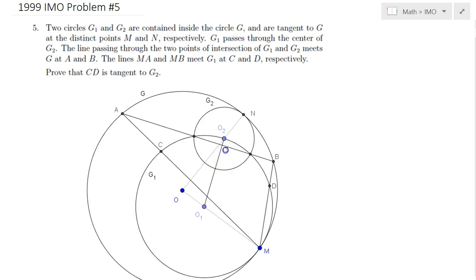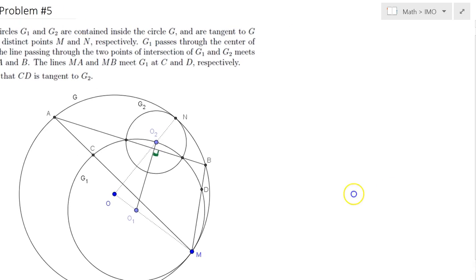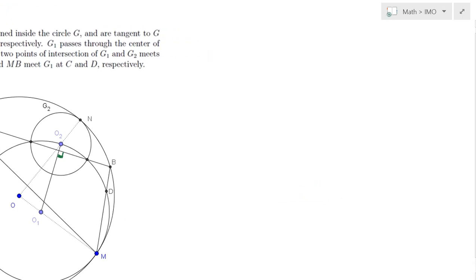Now, before I go further, I would like to remind everybody of a very well-known result related to the circle and a chord, and another internal circle squeezed between that big circle and the chord.